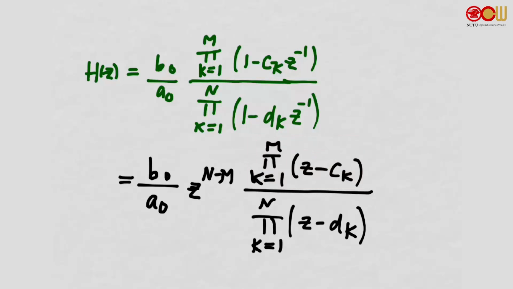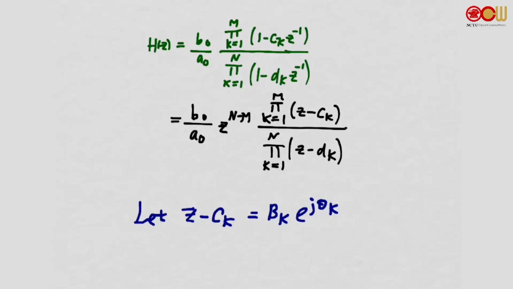Similarly, for the denominator, we compute z minus dk for each k and take the product. Plugging z into this expression, we get the value of H(z) for that z.